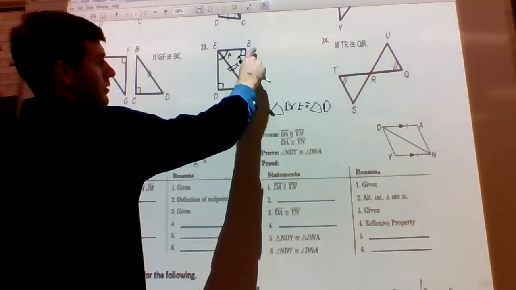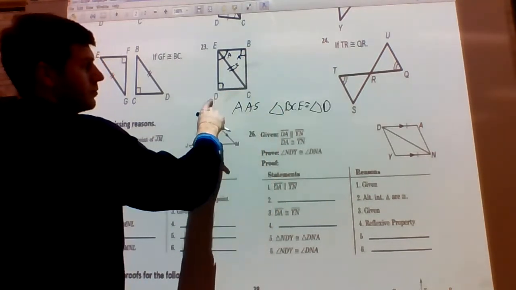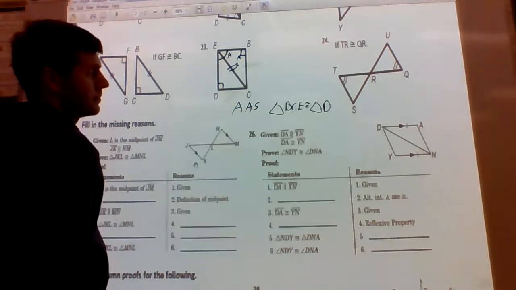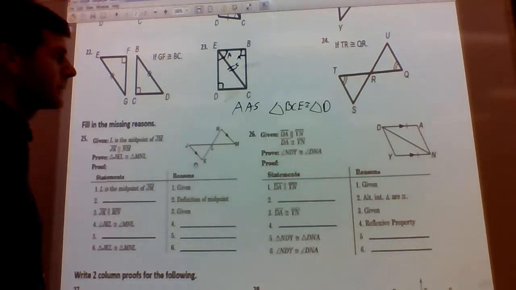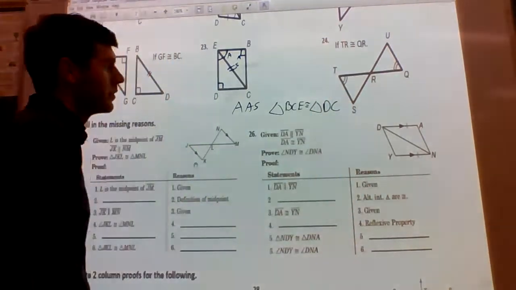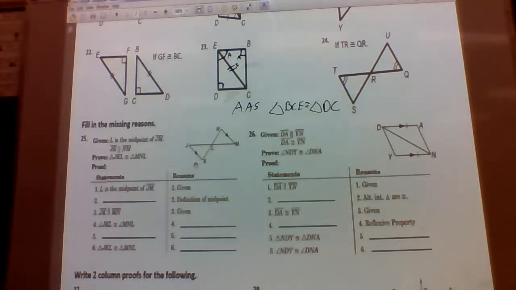We go from B to C, so we have to go from D to C. It's a really weird drawing, not to scale at all based on what they have. And then we went from C to E, so we also have to go from C to E.